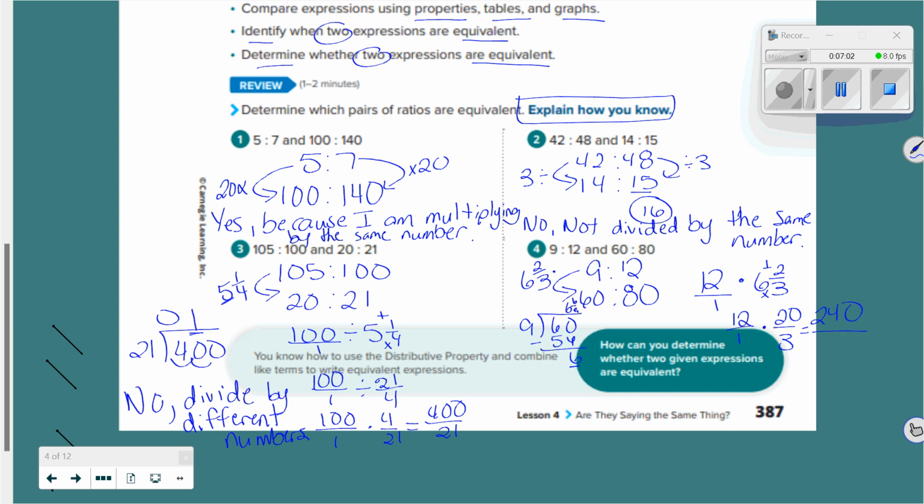Add a 0. I was trying to make it more simple. 1 times 3? 3 goes into 24. How many times? 8. And add a 0. So did I get the same answer? So that means I'm multiplying by 6 and 2 thirds on this side. Are they equivalent? Yes.